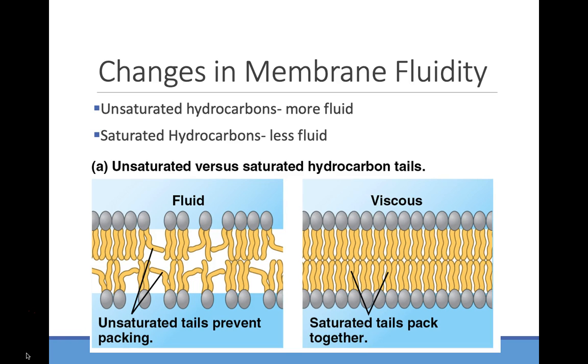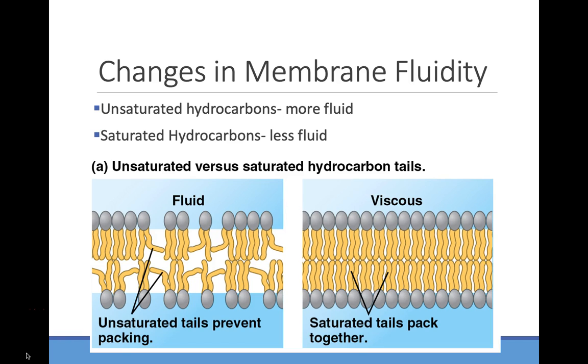So in chapter 3, we saw this example as olive oil versus butter, or something like bacon grease. Olive oil is fluid at warmer temperatures because the unsaturated hydrocarbons within their makeup keep them from packing tightly. But when you have saturated hydrocarbons, they pack very tightly in neat little rows.